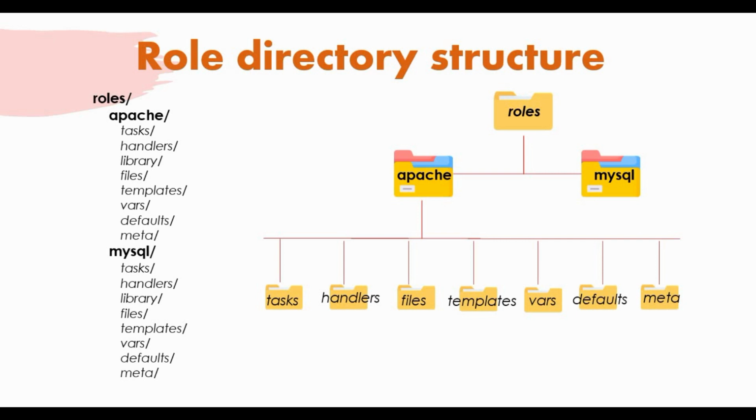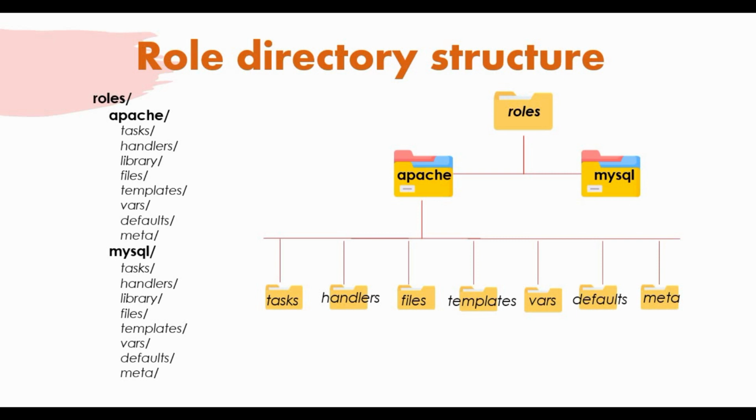Inside those folders, we'll have subfolders like tasks, handlers, library, files, templates, vars, defaults, and meta. Okay, and there will be one README file as well. These folders are the basic structure, but it's not mandatory that you have all of them. As a standard structure they will be there, so you can use each folder for its own purpose.